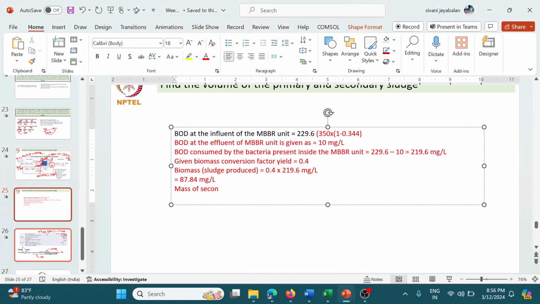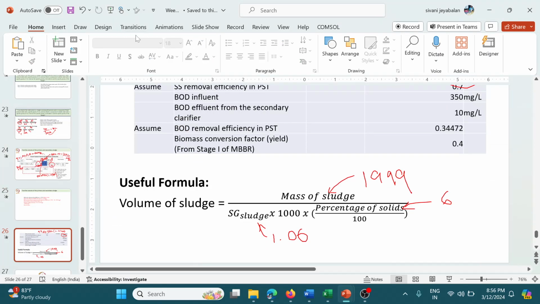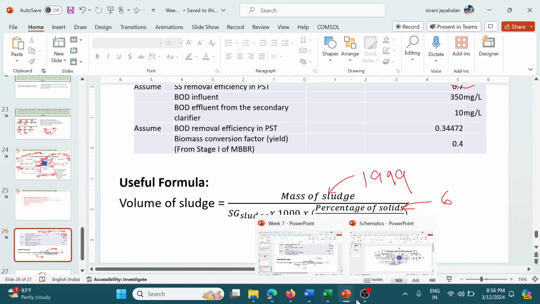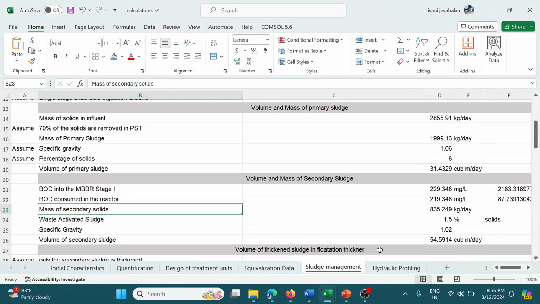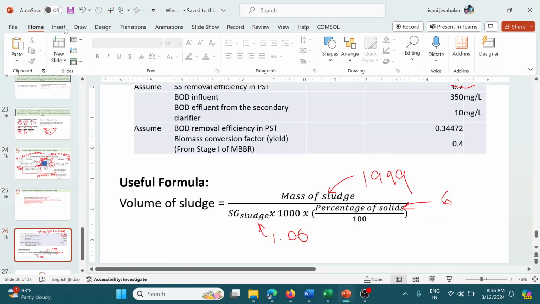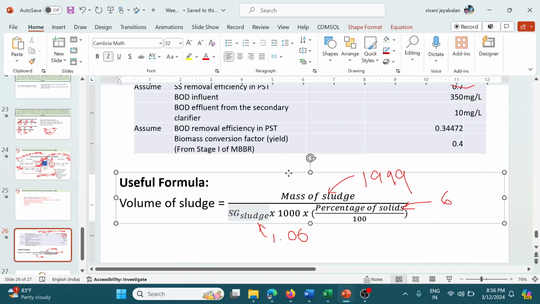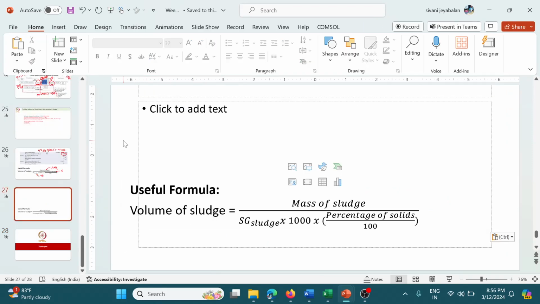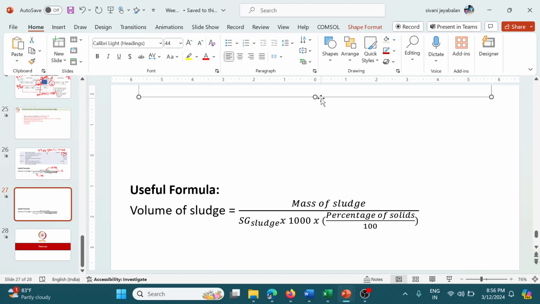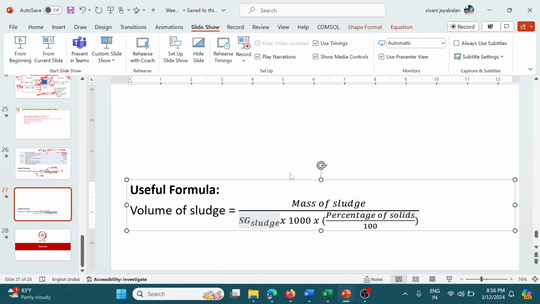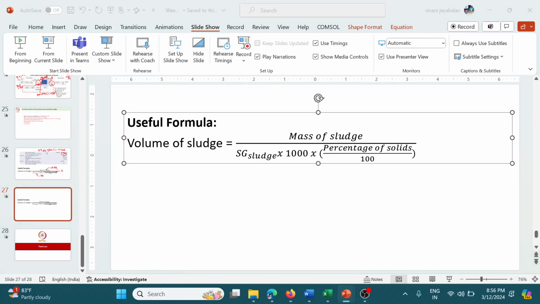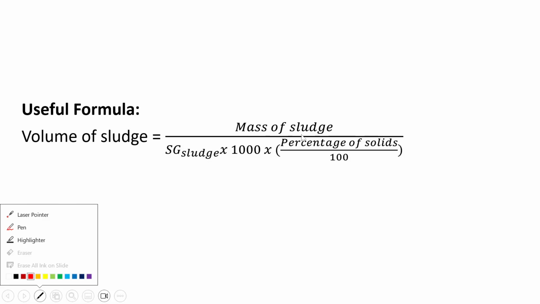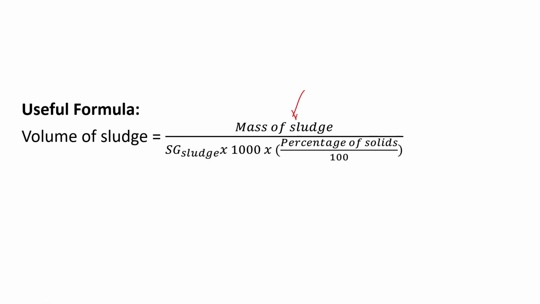Now you know all the answers, right? Mass of the sludge produced is 835.